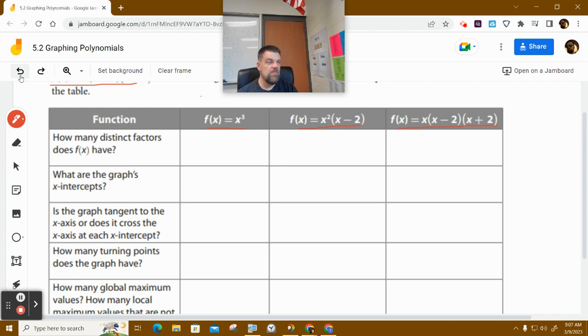Then it says, what are the x-intercepts? Where does it cross the x-axis? I'm going to jot that down. You guys should know what an intercept is, but just in case you don't remember, it's where it crosses the x-axis.